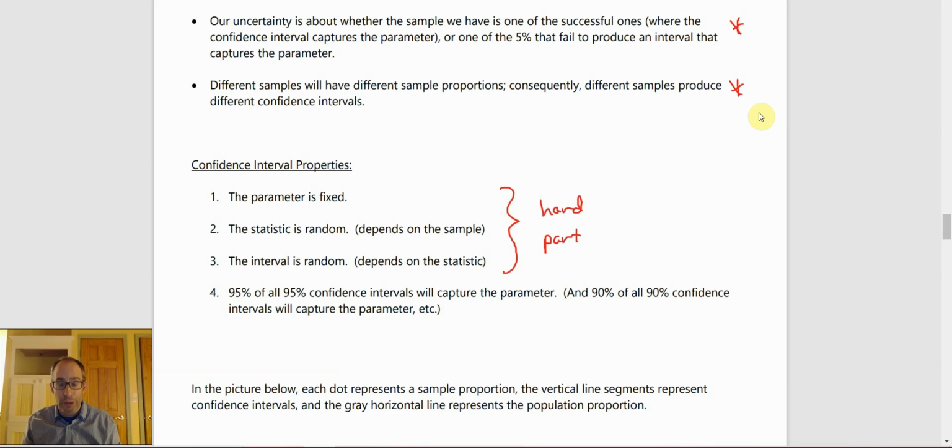That's how algebra works, right? The thing that you don't know is the variable. When you have to solve x squared minus 8x plus 7 equals 0, x is your variable, and you don't know what it is yet. Here, the parameter is not really the variable. It's more like an unknown constant, because it doesn't change.